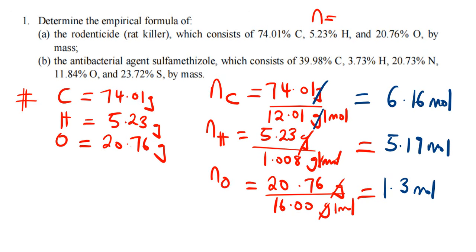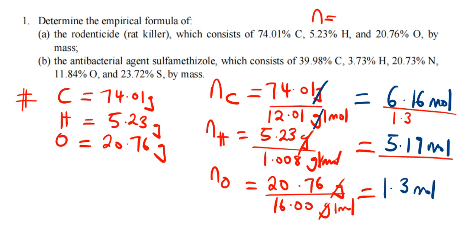So those are the moles I have for each of the elements in this compound. Then the question is, which one has the smallest number of moles? You can see that 1.3 is the smallest, so we divide throughout by 1.3.